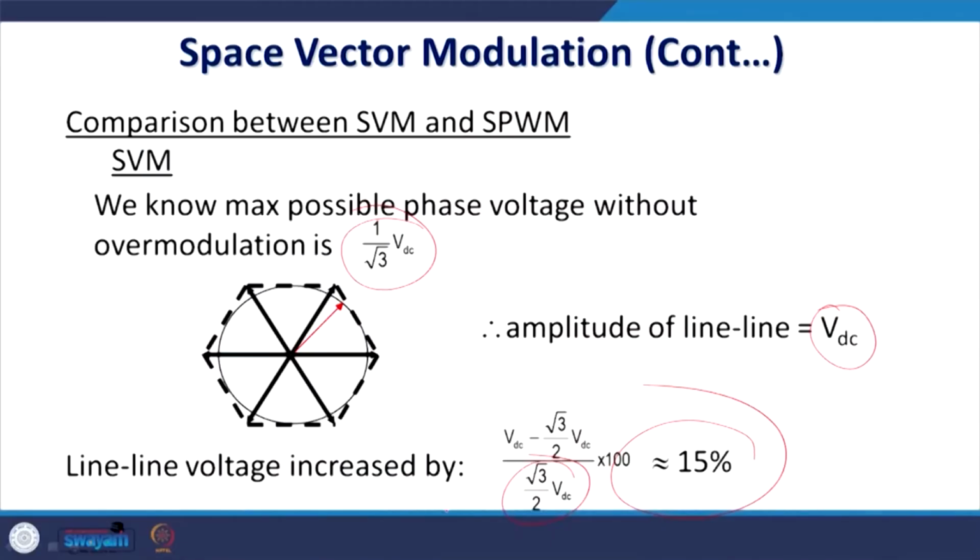So, this is one opportunity, and generally you get this kind of thing in case of third harmonic injection too, but in third harmonic injection the stress on the DC bus voltage is higher, whereas here, with a lower DC bus voltage, that means less stress on your components, you can achieve 15% more line voltage.